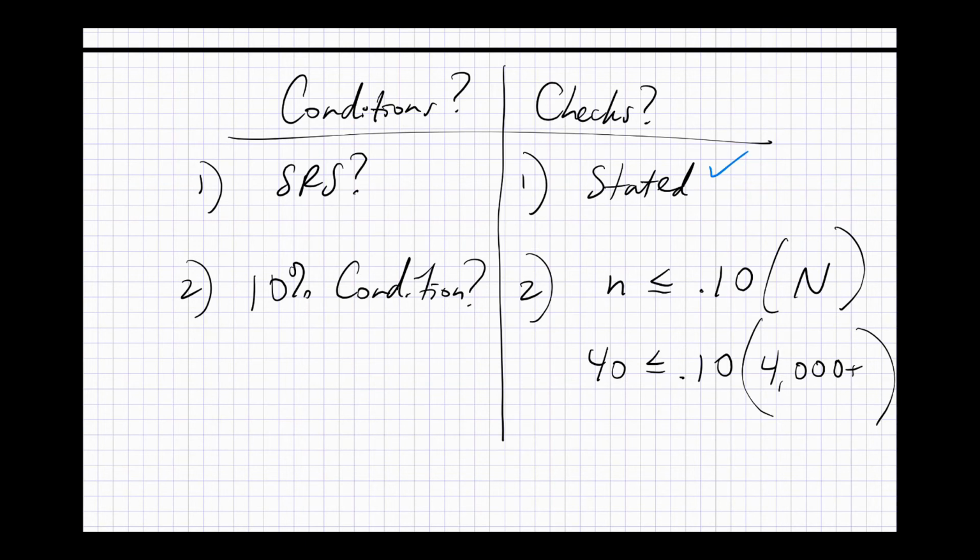So we would say 4,000 plus. At the lowest, it's going to be 4,000. I think 1% of 4,000 is 40. You could put that too. All students at Central High School, you could write that as well. Either way, it gets a check.